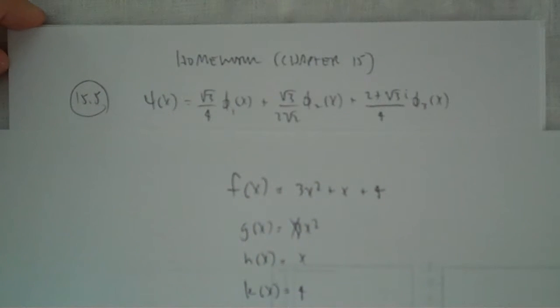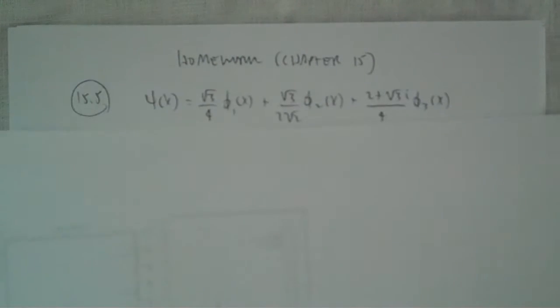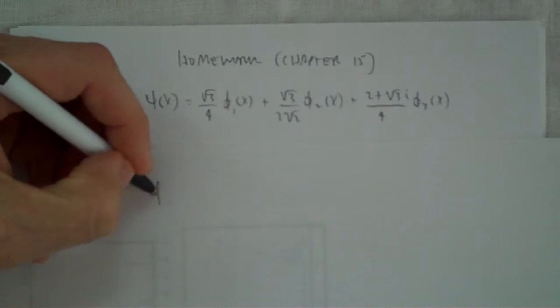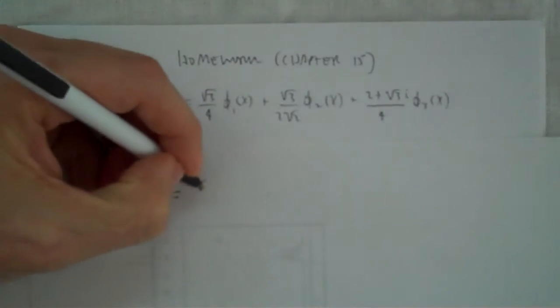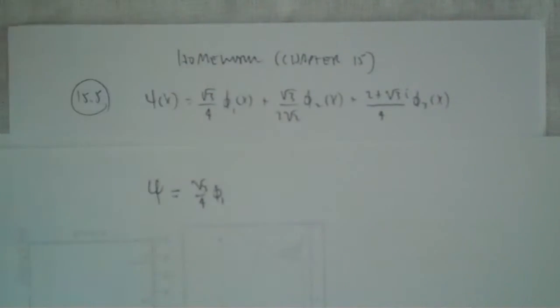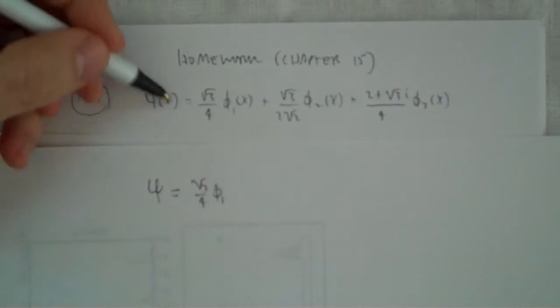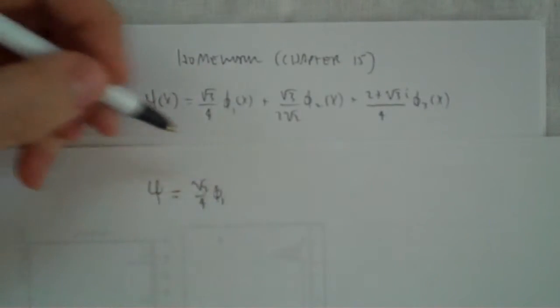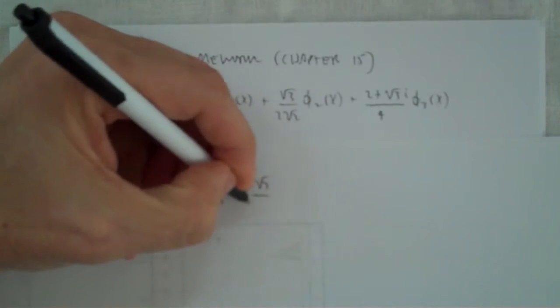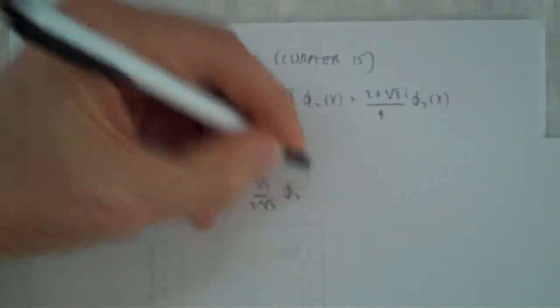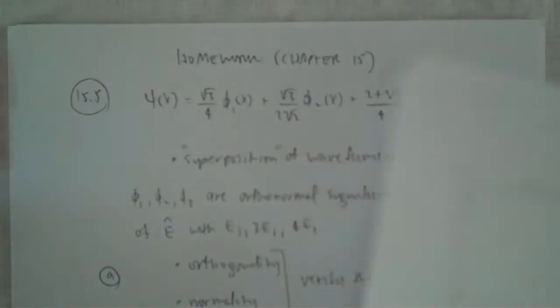Okay, so we've got this function psi, which in the work below I'm just going to call psi, is equal to root 3 over 4 phi1. I'm not going to remind you that it's a function of x, right? Plus root 3 over 2 root 2 phi2, and so on. Okay?